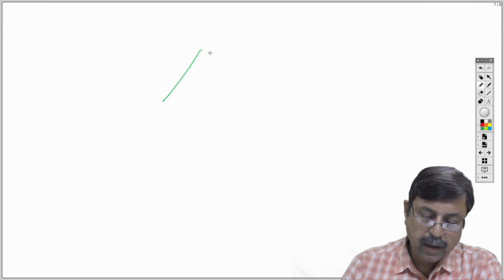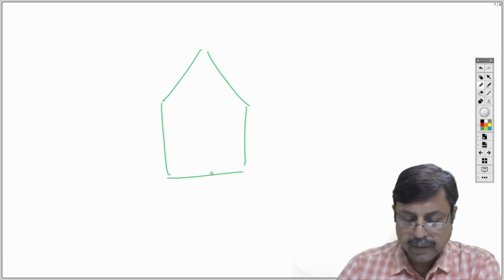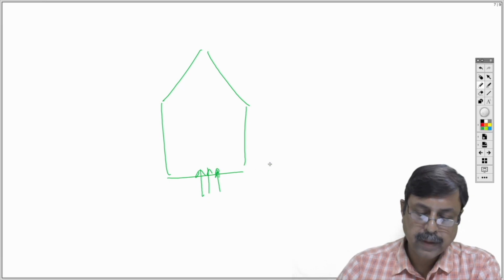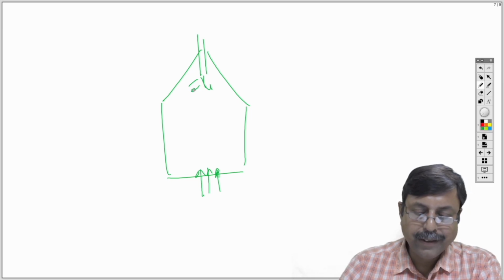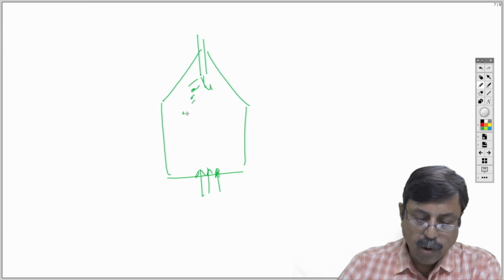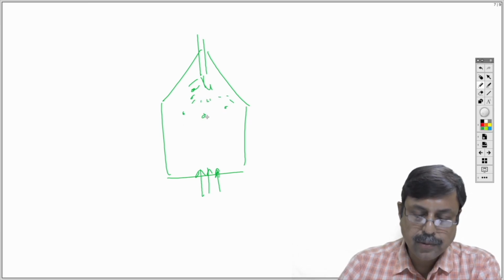A spray dryer will be something like this. It's a chamber. The heated gas will flow from the bottom, and from the top you will find some nozzles, and these nozzles will disperse the liquid into small droplets, and these small droplets will be sprayed through the nozzle.